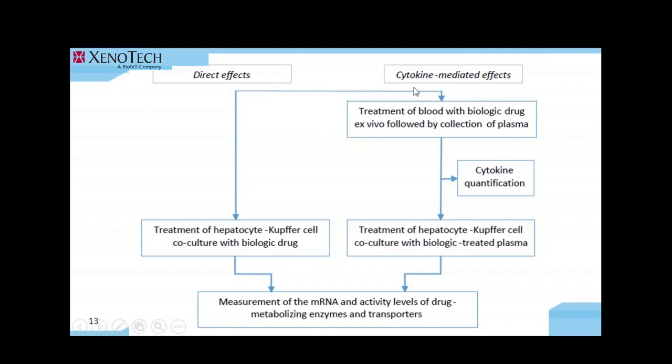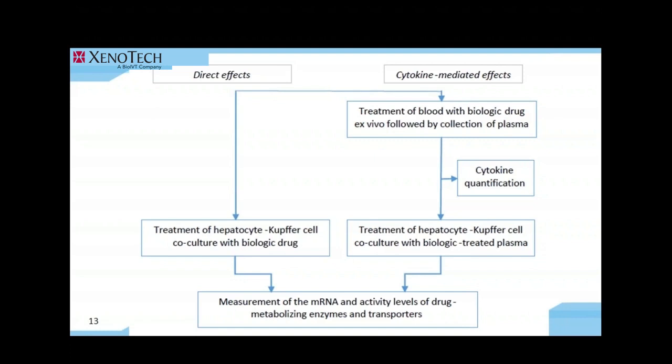The first step of analysis for indirect effects is treatment of whole blood with the drug. We prefer to use fresh blood to avoid any cytokine release that is associated with processing blood or trying to isolate PBMCs from there.